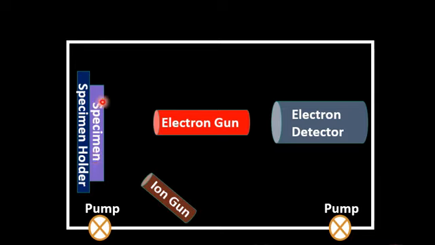Student, please note, let's explain how the ion gun interacts and causes the cleanness of the sample surface or depth profiling of the surface. Usually, student, the ion gun has a very highly energetic beam of ions.